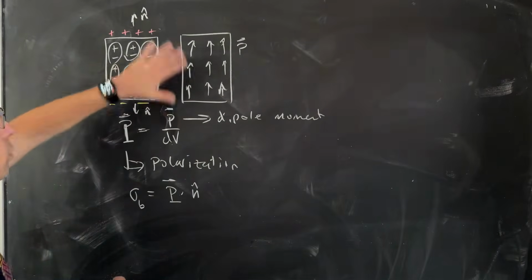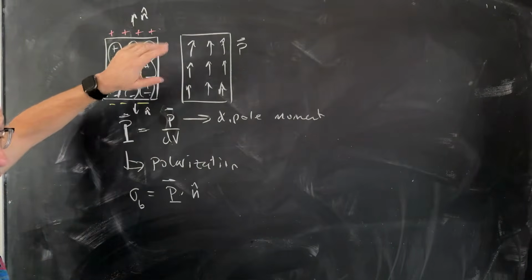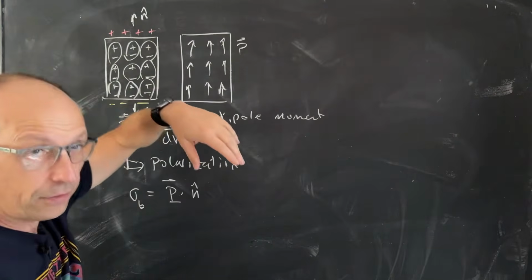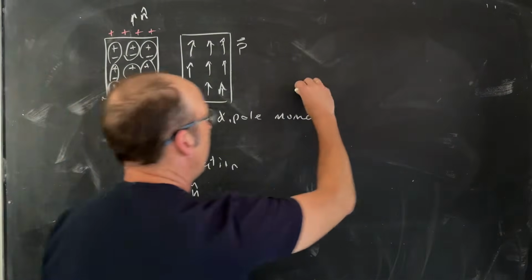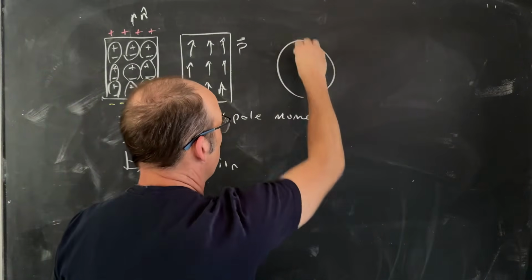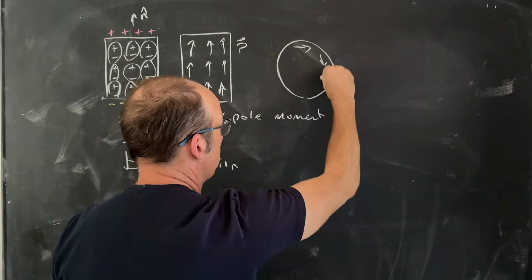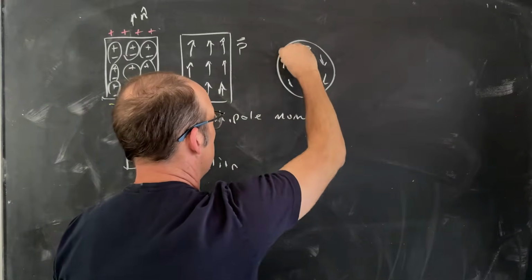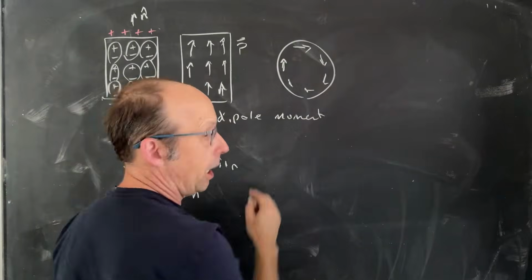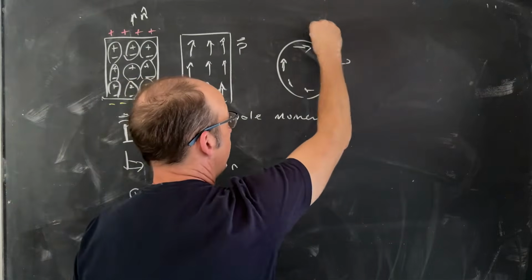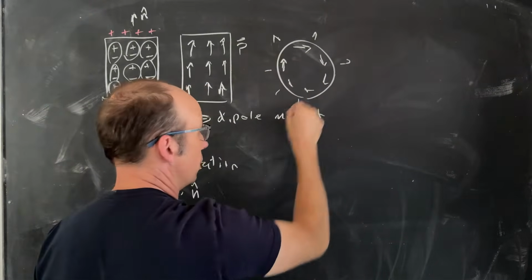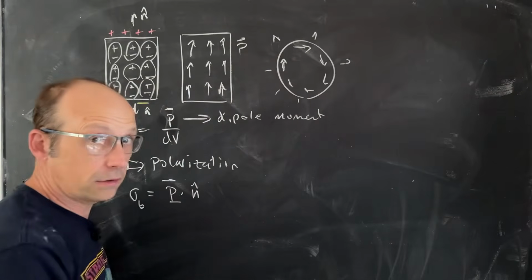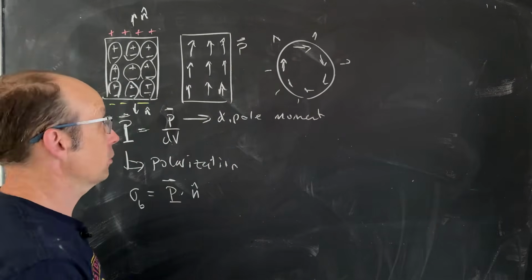Now, you can imagine some other polarization where it did not have a charge density. Imagine some weird situation like a cylinder where the polarization is like this, which would be weird, but it could happen. In this case, n hat is always perpendicular to the polarization, and there's no charge density on the surface because of that polarization. So it's possible.